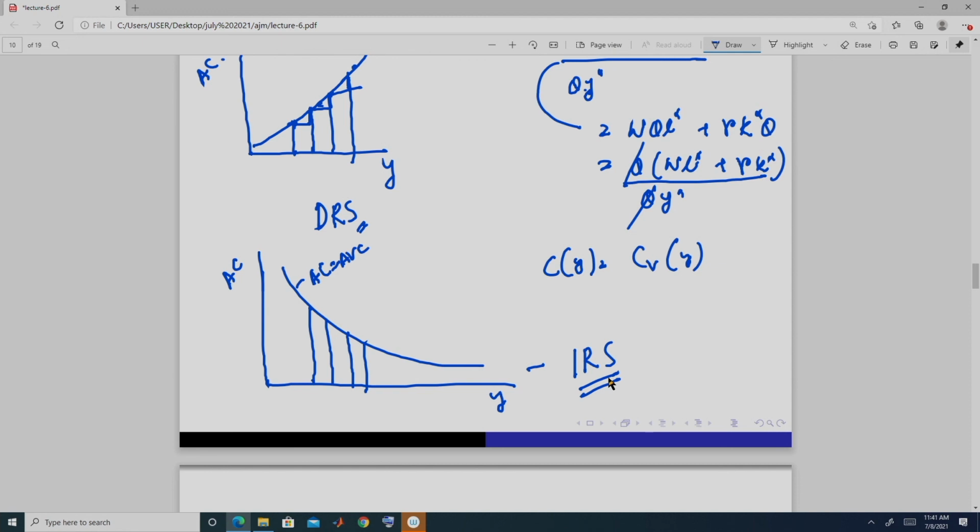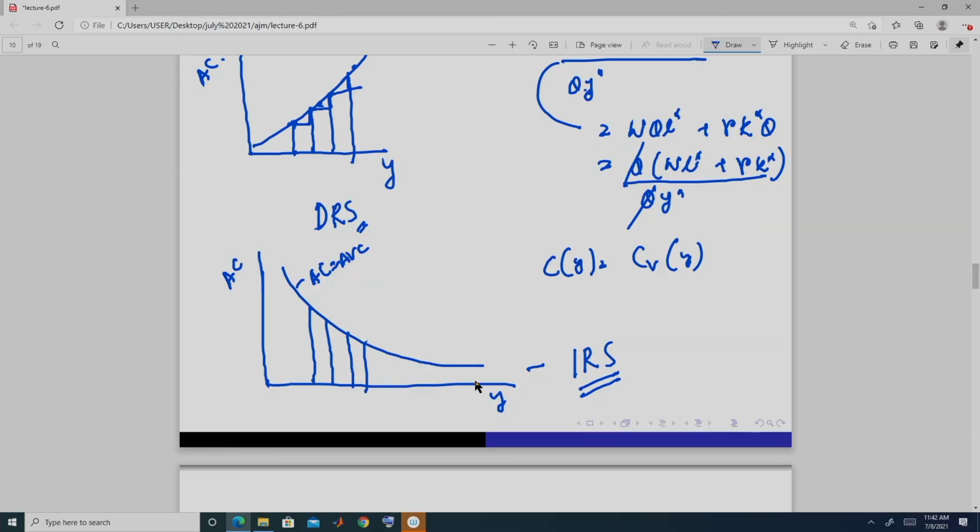When we have increasing returns to scale, it means that if we increase the output, suppose now 2 times, then we do not need to employ the labor and capital 2 times. We can get twice the output with less than 2 times labor and 2 times capital. Or when we want to increase the output by some theta times, we do not require to employ labor and capital as theta times of labor and theta times of capital.